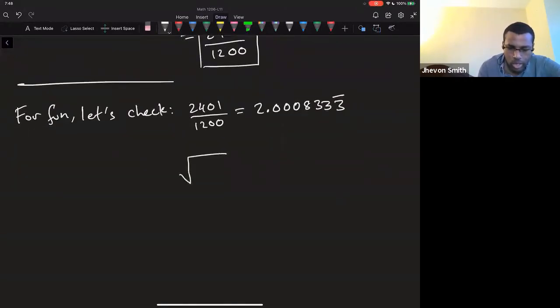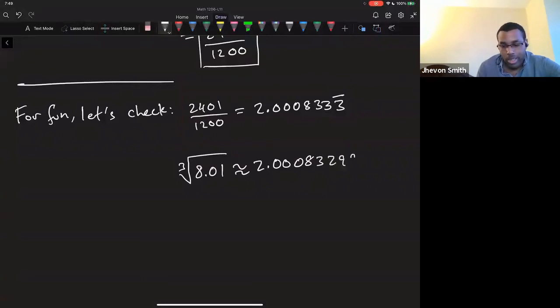If we actually take the cube root of 8.01 from calculator, it's going to be 2.0008. Good up to 4 decimal places. 3, good up to 5 decimal places. 298. Oh, okay. So, however, with rounding, 6 decimal places by hand, like I didn't use a calculator.